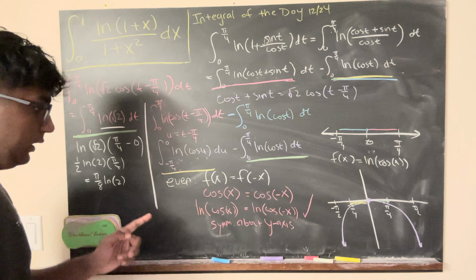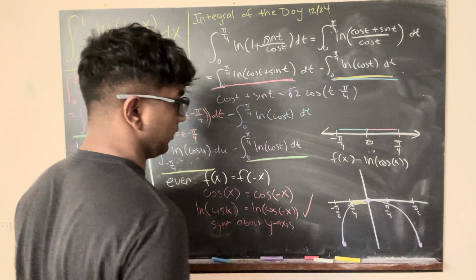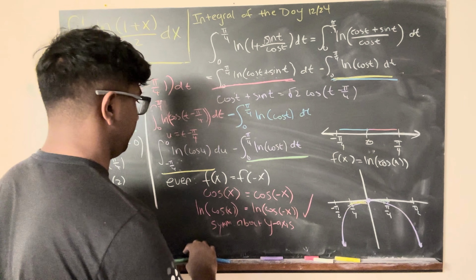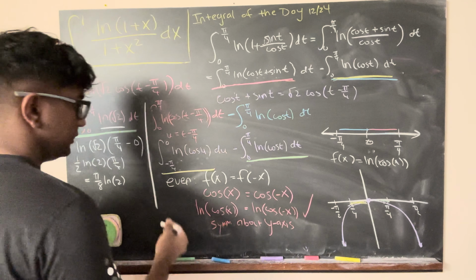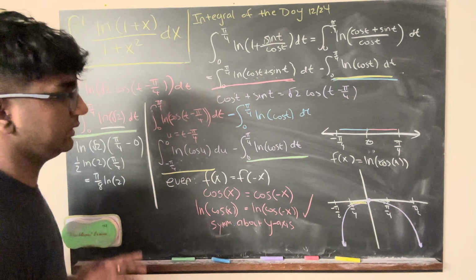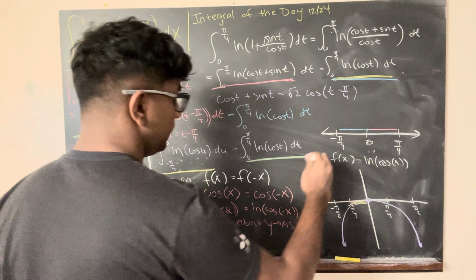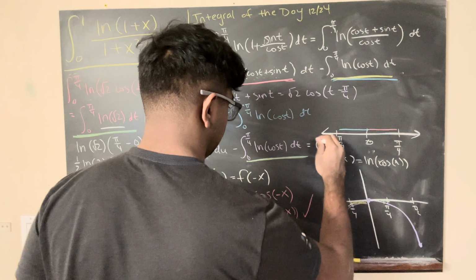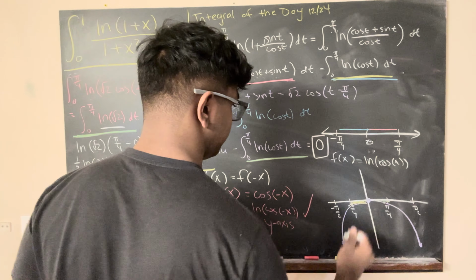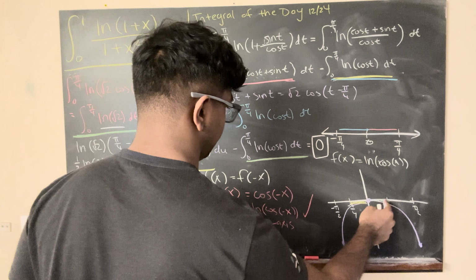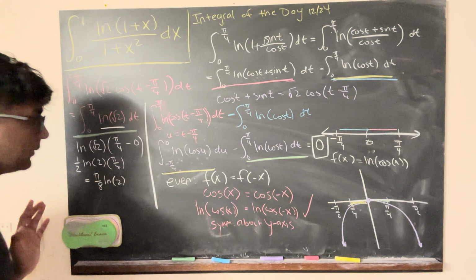So the key idea here is that even functions are symmetric around the y-axis, so these two values are going to be equal. Negative pi over 4 to 0 is equal to 0 to pi over 4 for this specific function because it is even. So the value of this is equal to 0, because we're taking this area, subtracting this area, and they're equal areas.